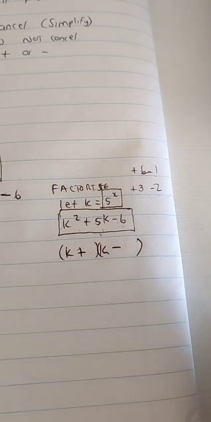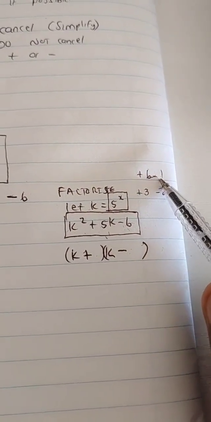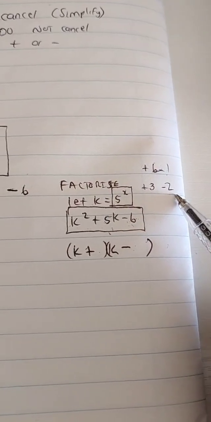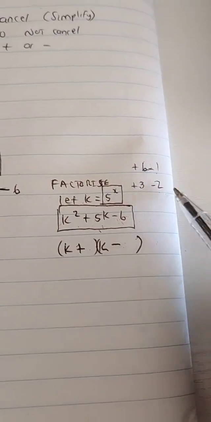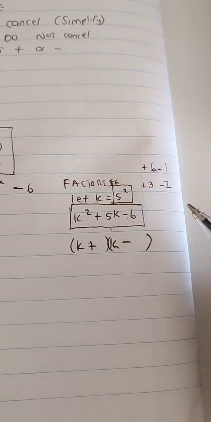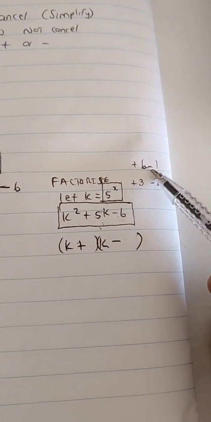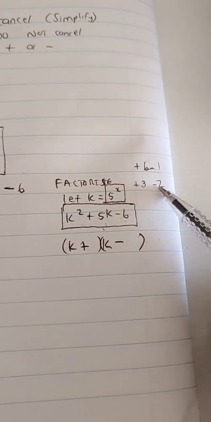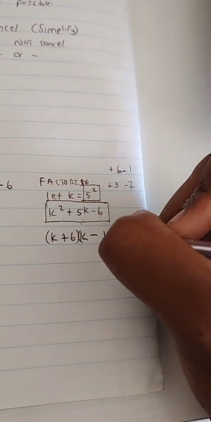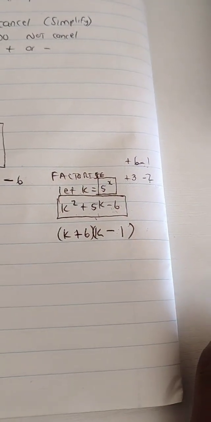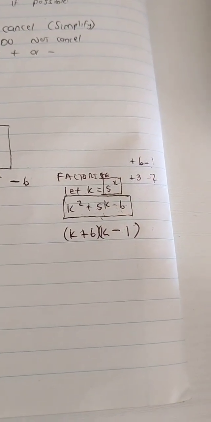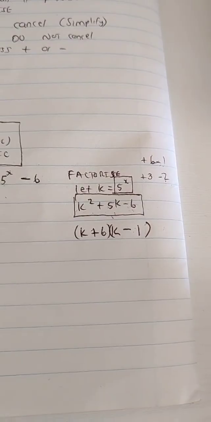So obviously it is 6 and -1. So those would be our factors.